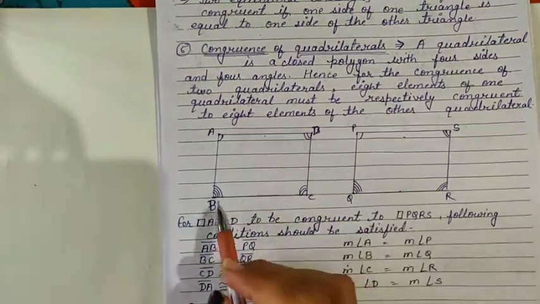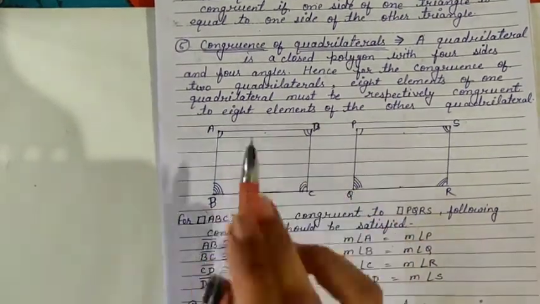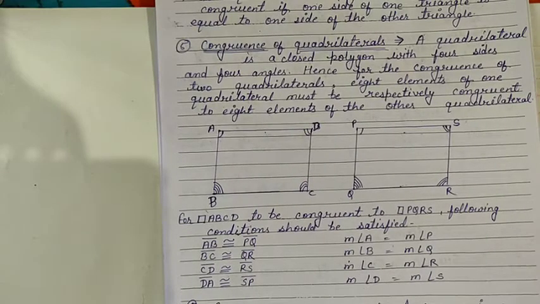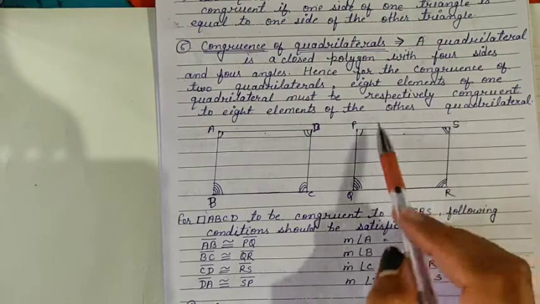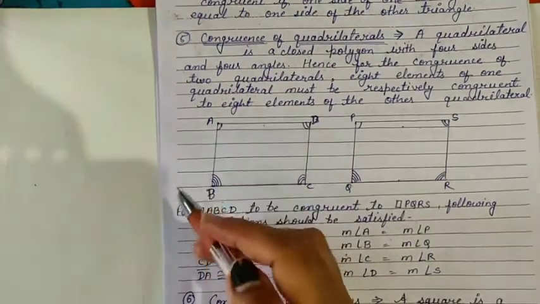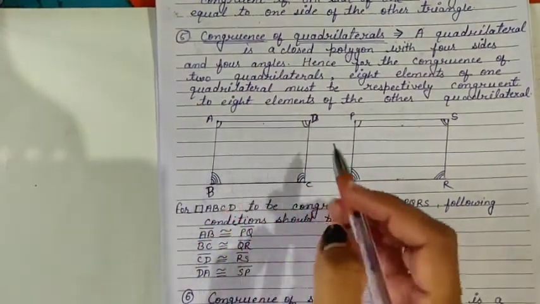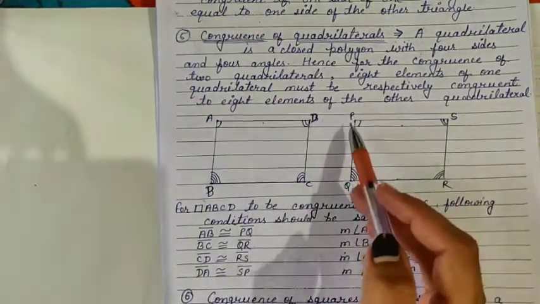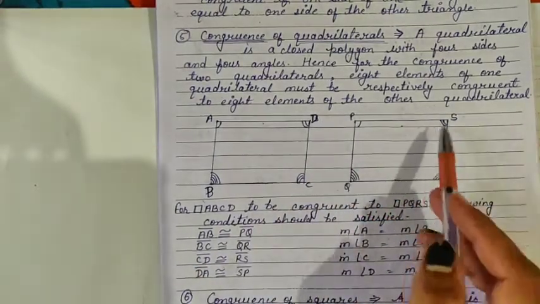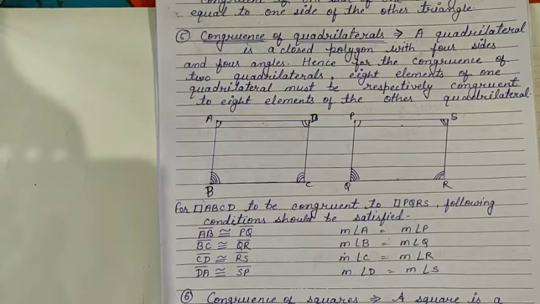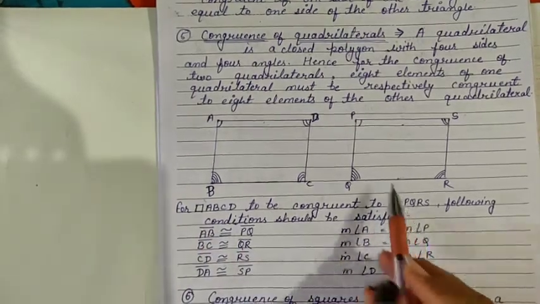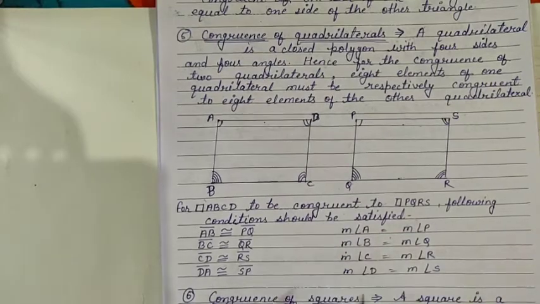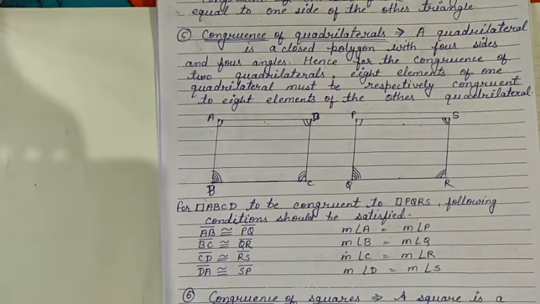AB, BC, CD and DA are its sides, and the sides of the other are PQ, QR, RS and SP, and it has four angles: angle A, angle B, angle C, and angle D; angle P, angle Q, angle R, and angle S. For quadrilateral ABCD to be congruent to quadrilateral PQRS, the following conditions must be satisfied.